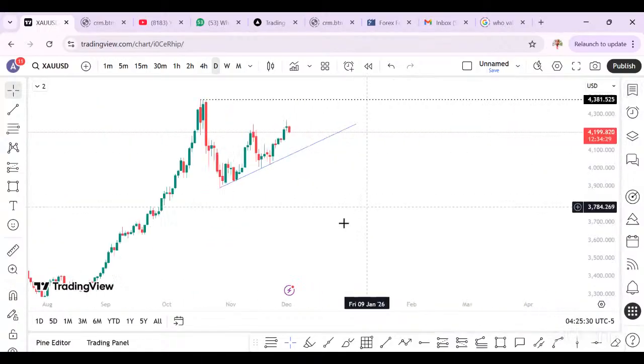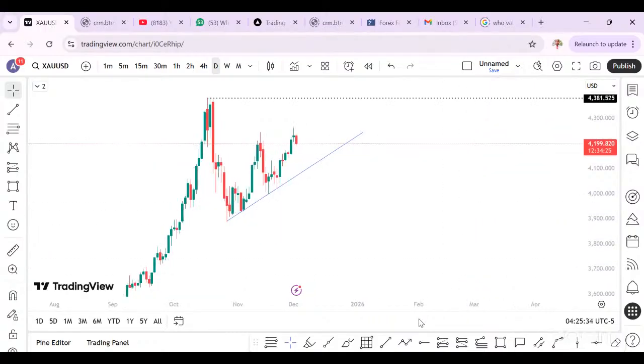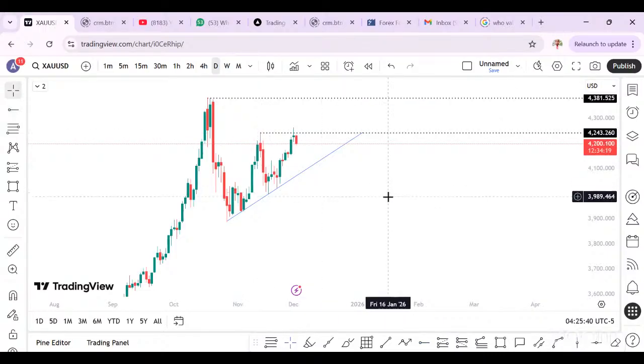Gold. Now, learn something, guys. Whenever price fails to close above a major zone, a major high or low, whether on daily or 4 hours, then it's dangerous.